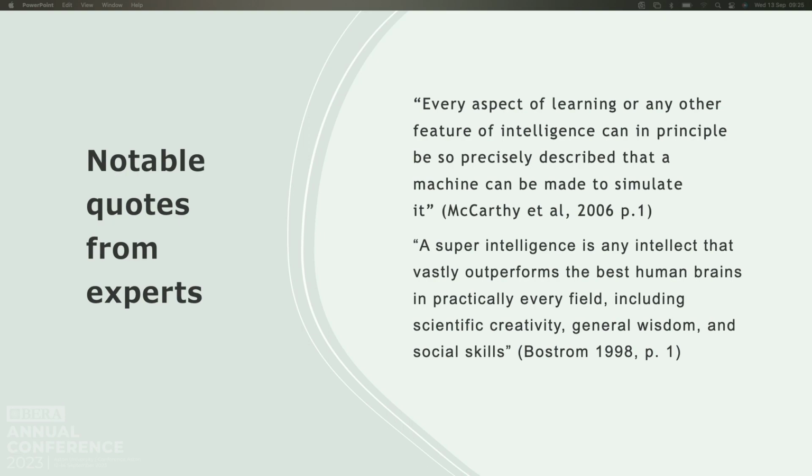Bostrom, a philosopher here in the UK, says a superintelligence is any intellect that vastly outperforms the best human brains in practically every field, including scientific creativity, general wisdom, and social skills.